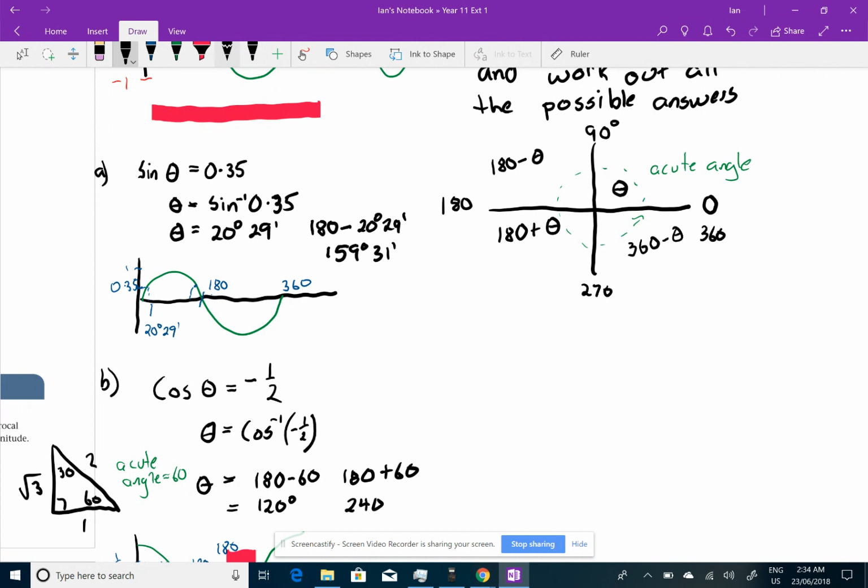If it's in the third quadrant between 180 and 270, you get 180 and you add that acute angle that gave you that ratio. And if it's in the fourth quadrant, you go to 360 and come back the acute angle. Because all these curves are symmetrical. They all follow those same rules.